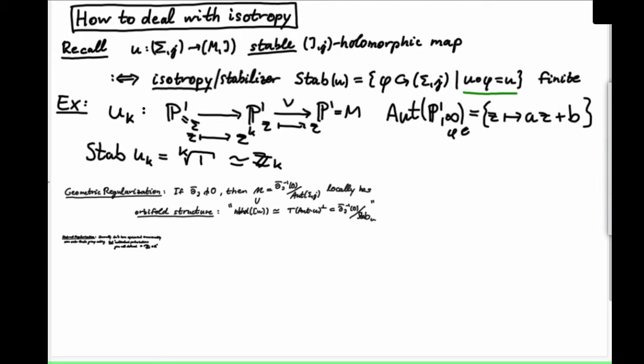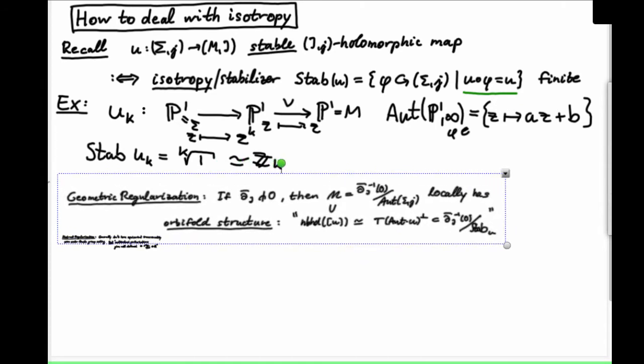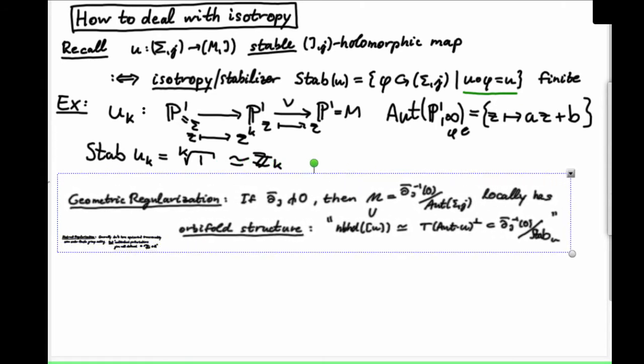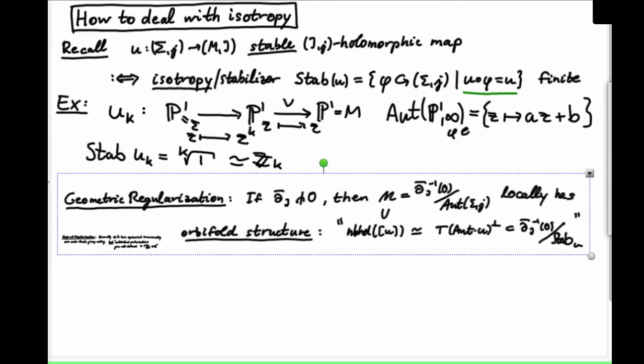In this very simple example, that was probably a perfectly fine regular holomorphic curve, and so you could have just used that J to cut out your space of holomorphic maps and then quotient by the automorphism group. If that's a fine smooth manifold and the automorphism group still acts on it, what happens here is that it acts with finite stabilizer.